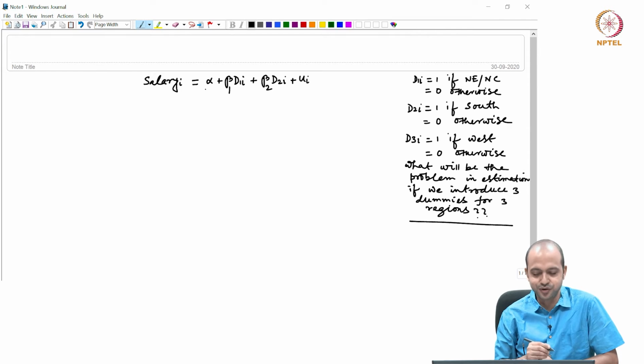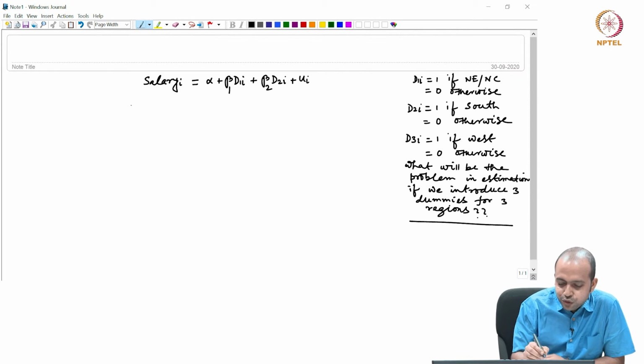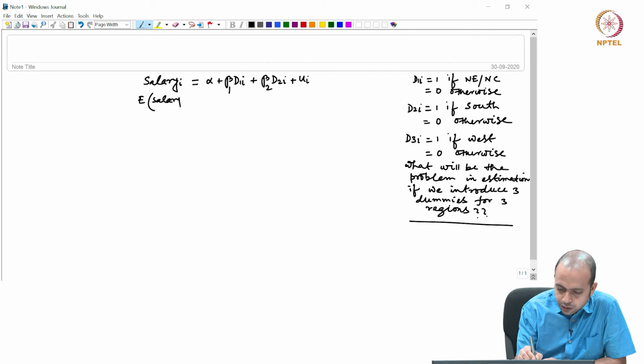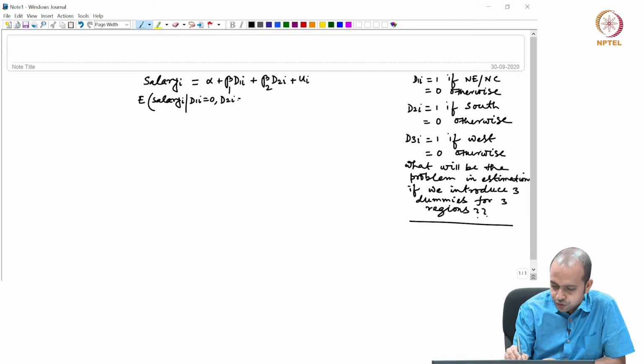Okay, west is our base category. Now, how will you prove that? You can easily get the interpretation: do the expectation of salary given D1i equals to 0, D2i is also equals to 0, that will give you alpha.